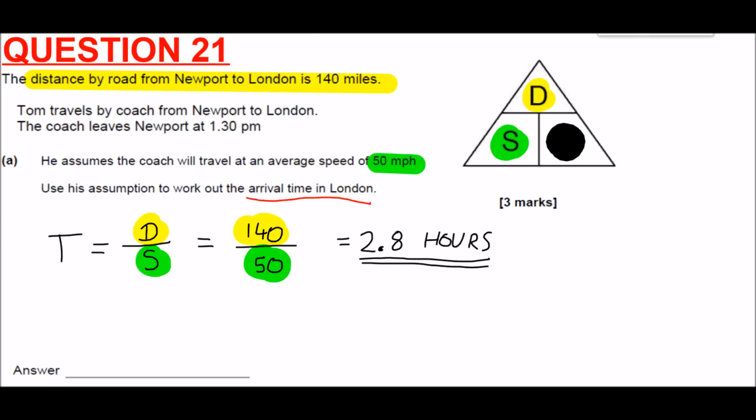What I would suggest you do is just remind yourselves of how long 1 hour is in minutes. And obviously I'm sure you know that 1 hour is the same as 60 minutes. The good thing about this conversion factor is it's in the form of one number is 1, the other number is not 1.